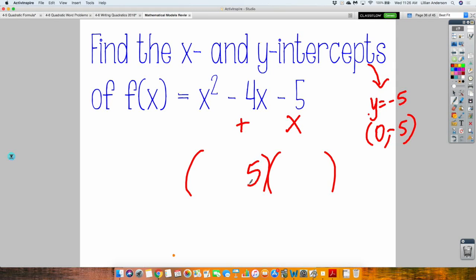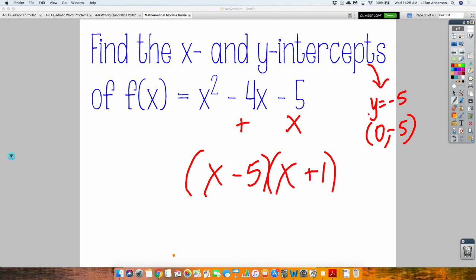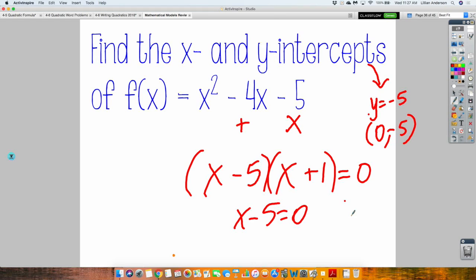When you factor, you're looking for two numbers that multiply to give you C and add together to give you B. What are those two numbers? -5 and +1, the factors. And then you set it equal to 0, because to find x-intercepts, you set y equal to 0.